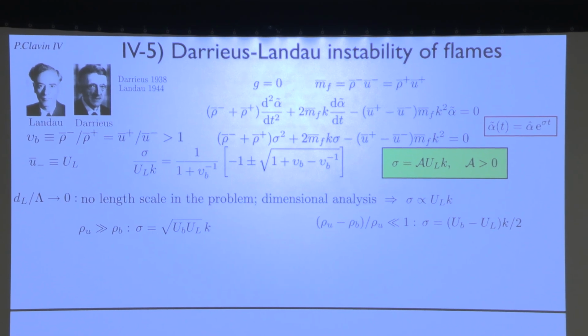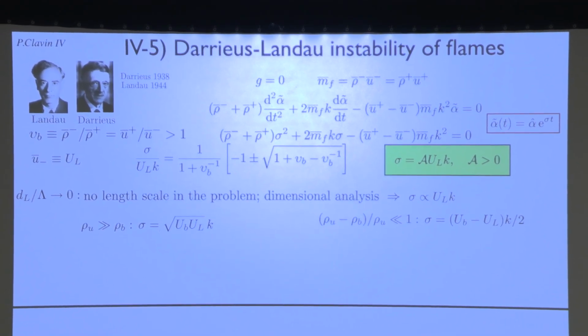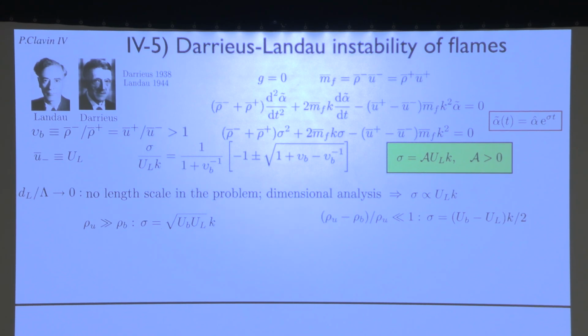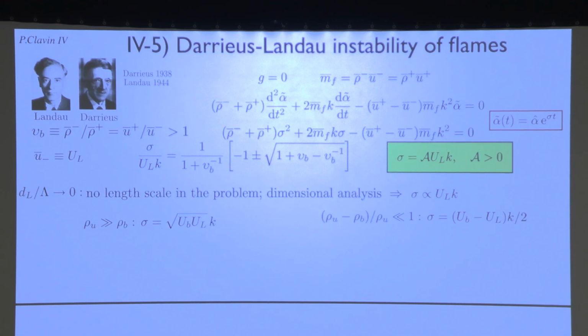Essentially, there is the density, no problem, but also a velocity, which is the laminar flame velocity. And you have a non-dimensional density jump. In fact, it is a density decrease because the density in the burnt gas is smaller than the density in the fresh mixture.